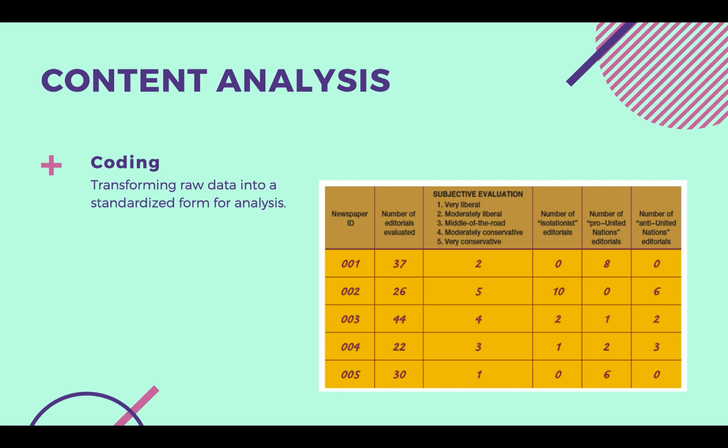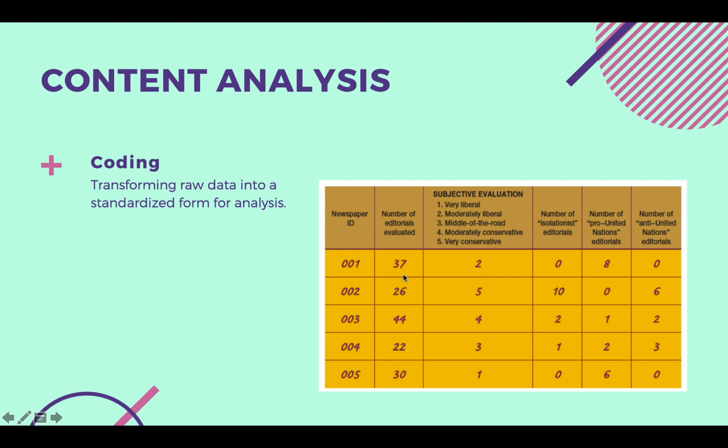It's generally moderately liberal. So instead of just looking at one editorial from each newspaper, this person is looking at 5 different newspapers and several editorials from within each newspaper. So some of them could be from 1950, some could be from 1990, some could be from yesterday. And they're just giving one general overall code for what's going on in this newspaper. Generally, based on these 37 editorials, I say that newspaper 1 or the New York Times is moderately liberal.